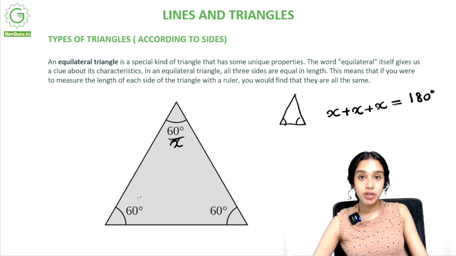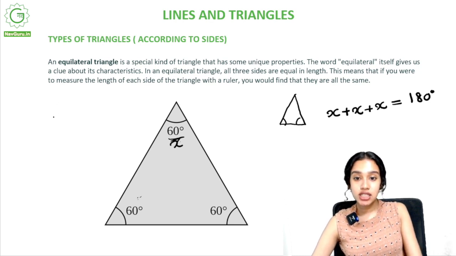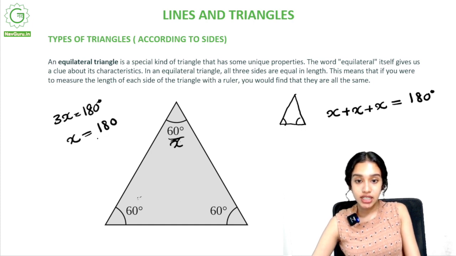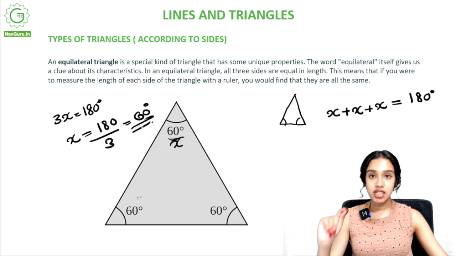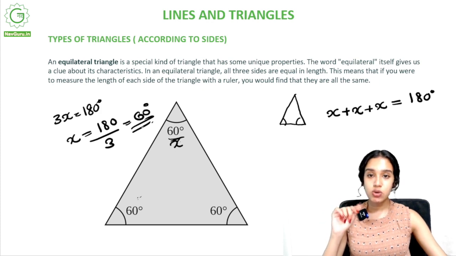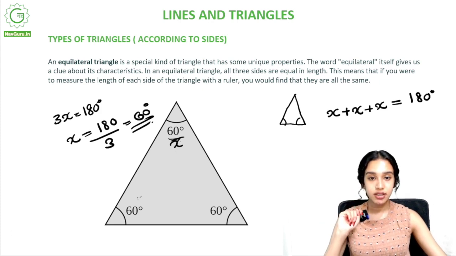That is the basic property of a triangle. So 3x is equal to 180 degrees. So what is one of the angles of the triangle? It's 180 divided by 3, which is equal to 60 degrees. So 60 degrees is the angle between two sides of an equilateral triangle.